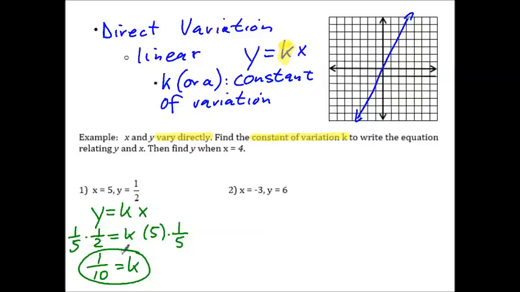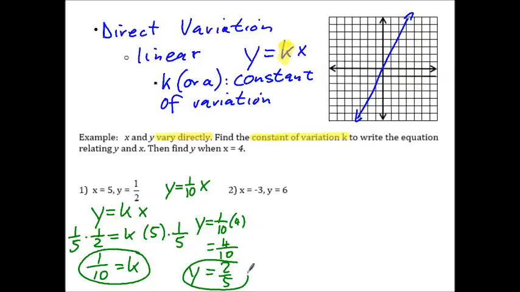And if the constant of variation is 1/10, then our equation is y is equal to 1/10 x. And so if x is 4, then y has to be equal to 1/10 times 4, or 4/10, which is the same as 2/5. y is equal to 2/5 when x is equal to 4.